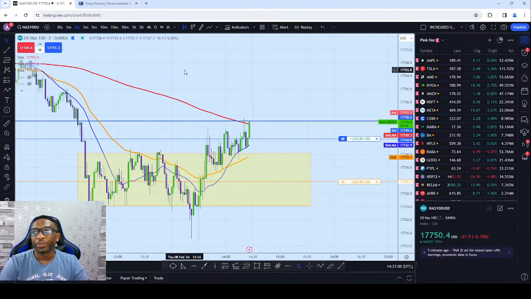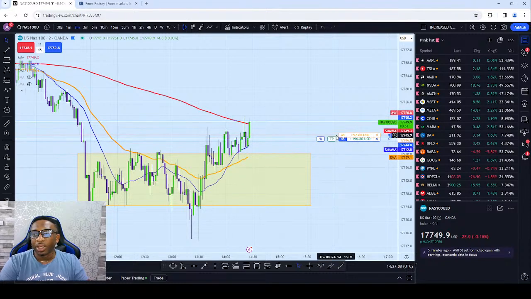So I believe now, if you entered the NAS trade, you should be in profit. You can move your stop loss above your entry to break even, because market open is in 3 minutes or so.